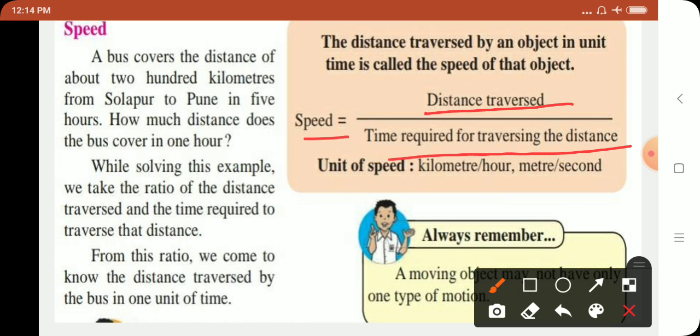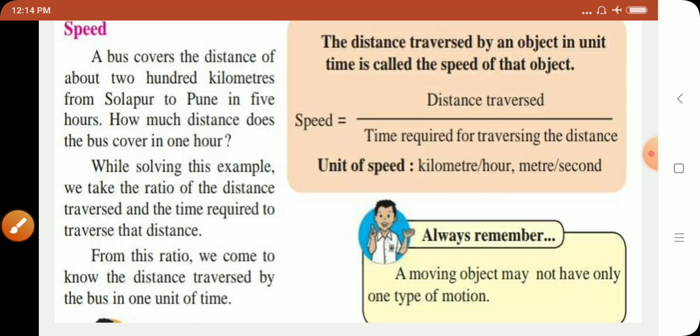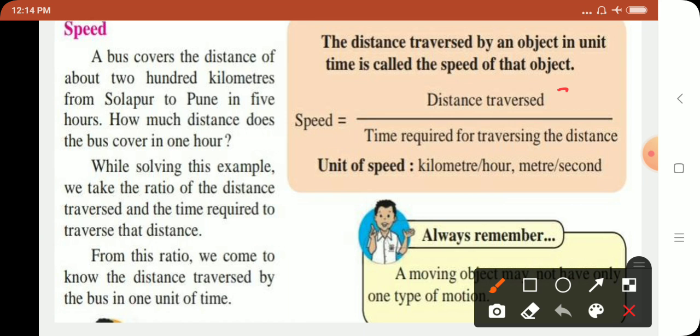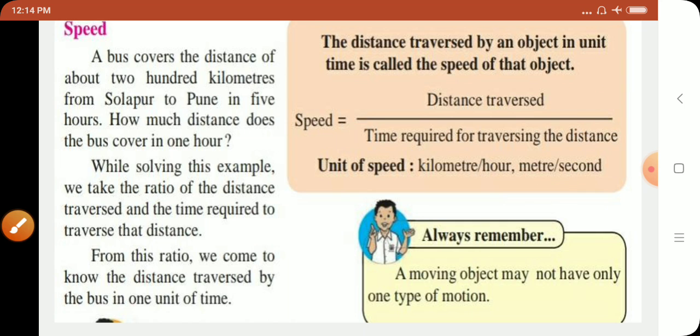Here the distance traversed is 200 kilometers in 5 hours, isn't it? 200 divided by 5. What will be the answer here? 40, right? 40 kilometers in 1 hour.